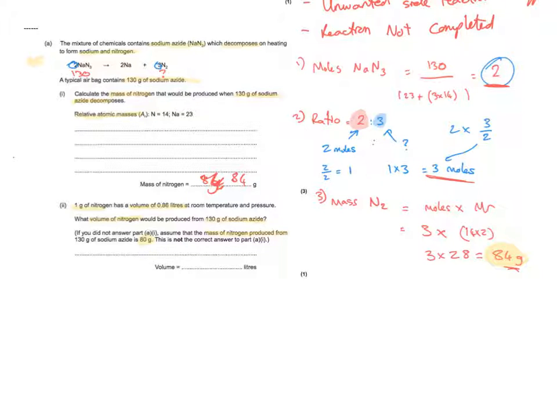So 1 gram of nitrogen is this many litres. Well, we don't have 1 gram of nitrogen, we've got 80 or 84. So all we would do is 0.86 times by 80, because if I know 1 gram is this, well 80 grams is 80 times that, which equals 68.8 litres.